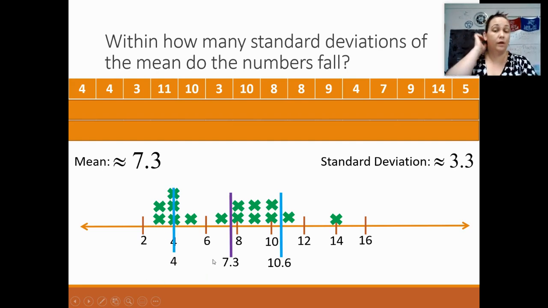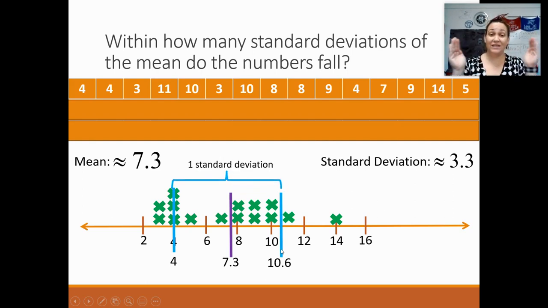All right. So we have between 4 and 10.6. That is called one standard deviation away from my mean. One to the right, one to the left. A question I can ask you is how many numbers fall within one standard deviation? Then you would count the X's between 4 and 10.6.